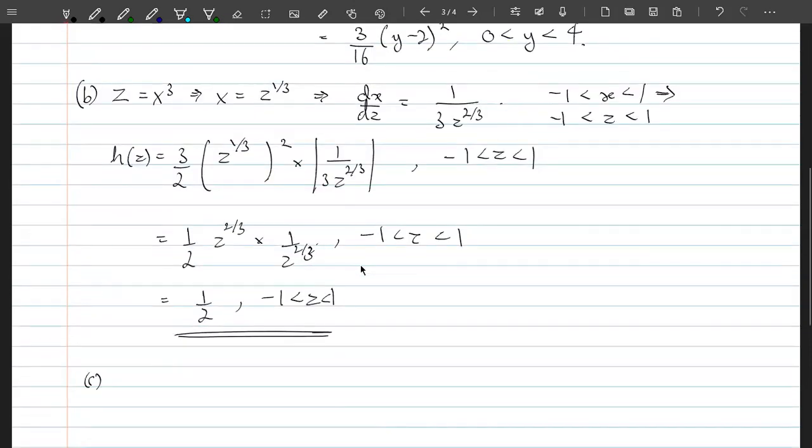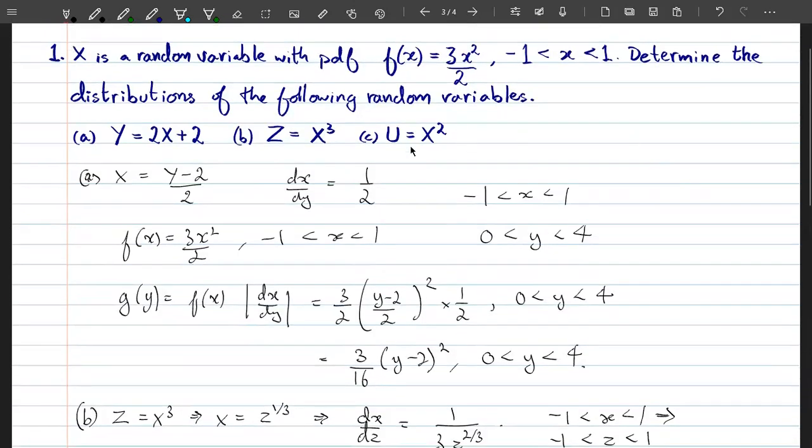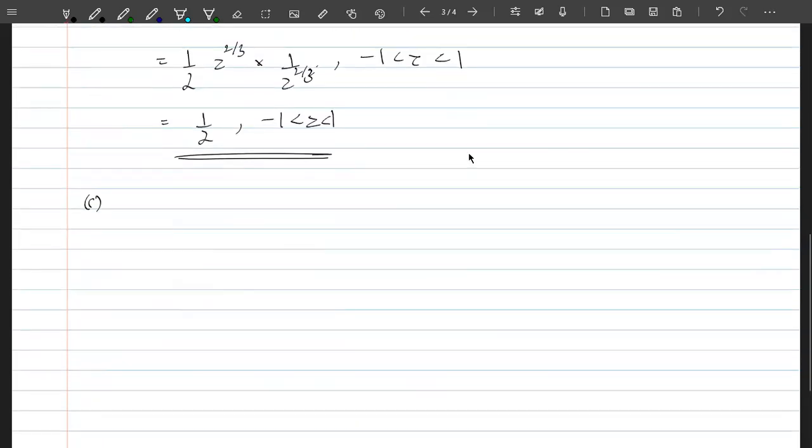Now in the third case, we rewrite the question. U is equal to x square. Again, let me rewrite the PDF. All right.